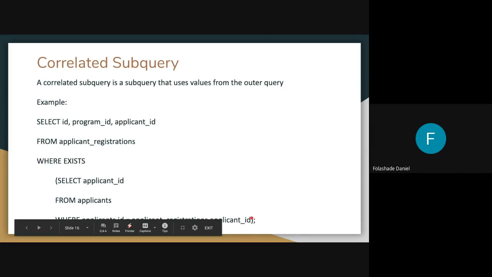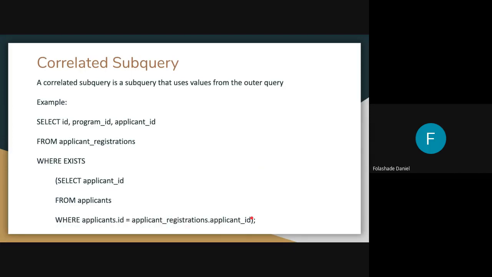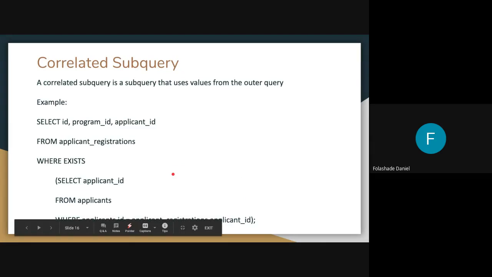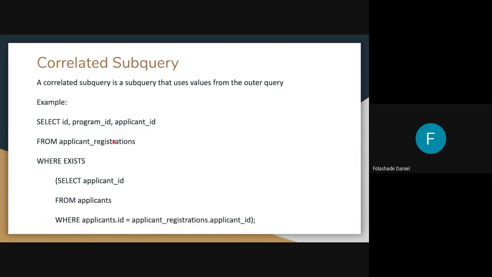It's running another query here, but making use of applicant registration dot applicant ID, which is from outside here, to run the query. Basically, what this is trying to do is select some columns from the applicant registration table, then join with the applicant table.